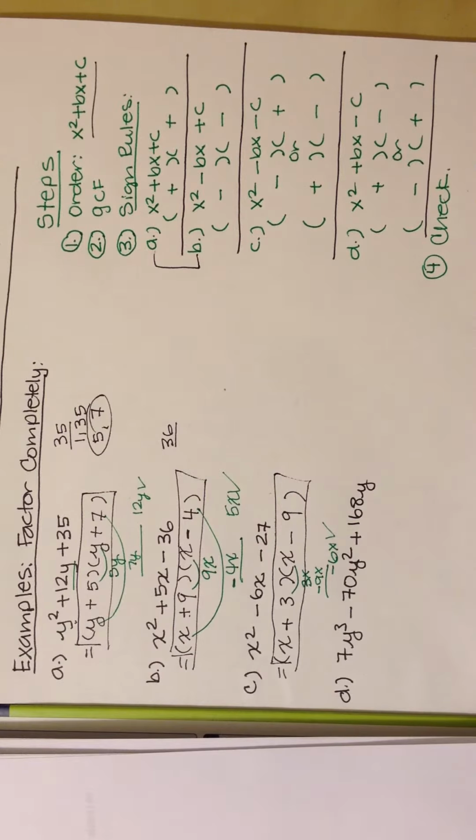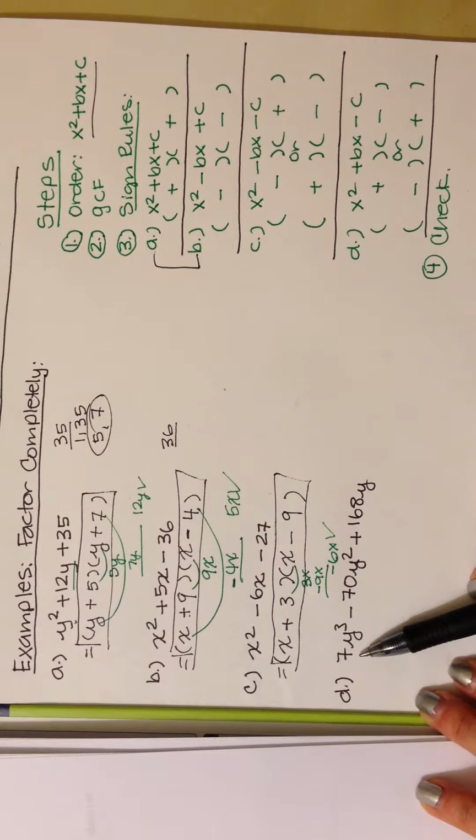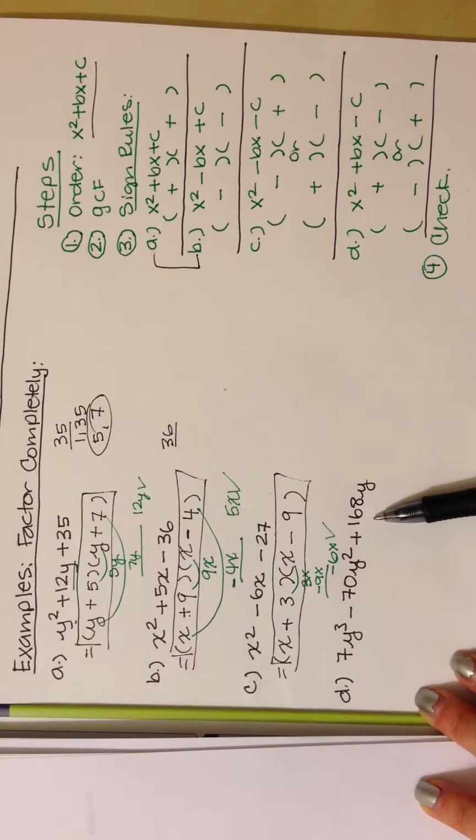Your greatest common factor will be 7, because 7 divides 7, 7 divides 70, and 7 divides 168. There is also a GCF of y, because all 3 of these have at least one y.